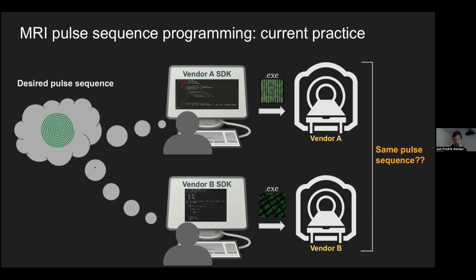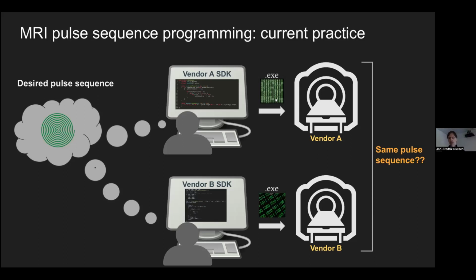Suppose you have some desired pulse sequence, spiral, EPI, whatever you want to implement, or a standard method that you want to implement so that you know exactly what all the details are. If you want to implement that on two vendors, A and B, you then need to implement that separately, independently on each vendor, using that vendor's pulse programming environment.